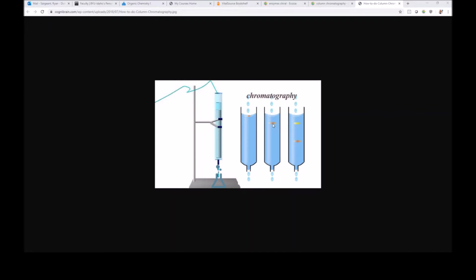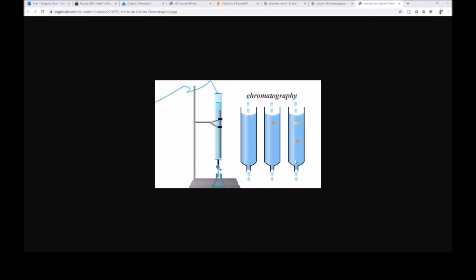The brown compound right here is less polar, so it doesn't stick to the silica gel as much, so it flows through the column more quickly because it has limited interactions with the column. The yellow compound would be more polar, so it takes longer to work its way down through the column. So this means that most chromatography operates by picking on differences in polarity as the basis of separating out your compounds.